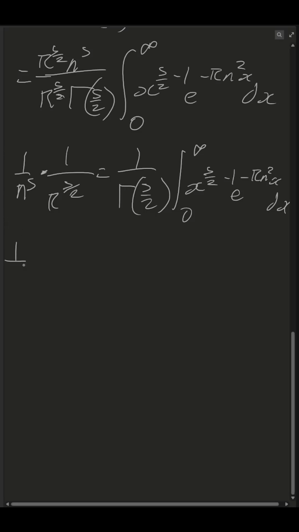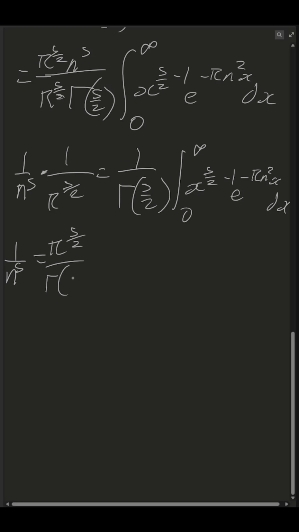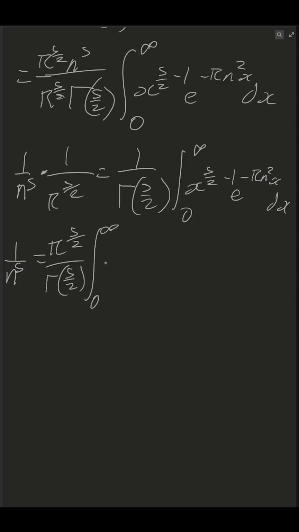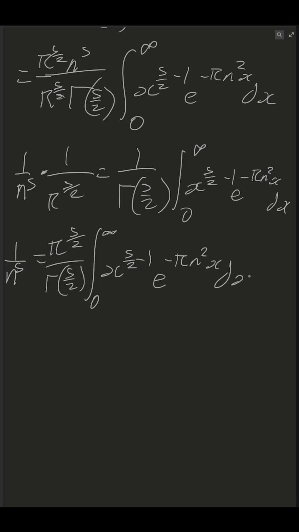And so 1 over n to the s is equal to pi to the s over 2 over gamma of s over 2, the integral from 0 to infinity of x to the s over 2 minus 1 e to the minus pi n squared x dx.